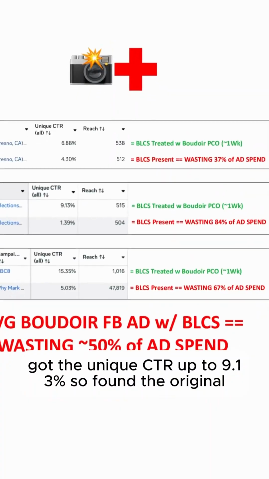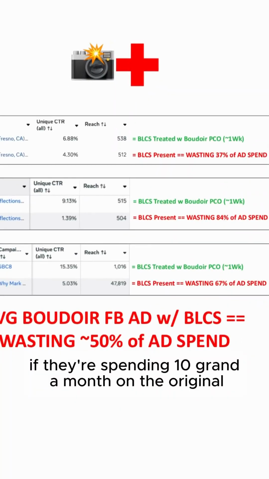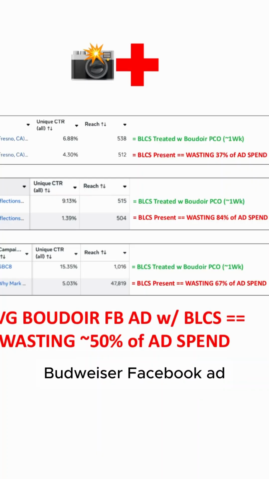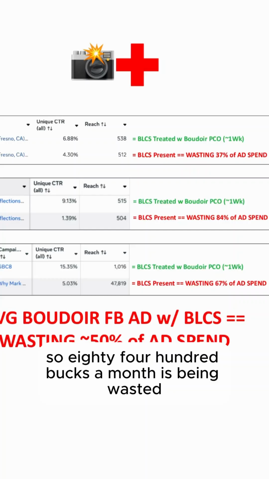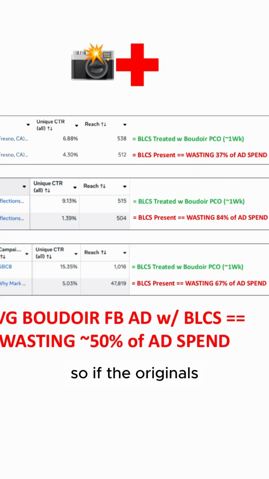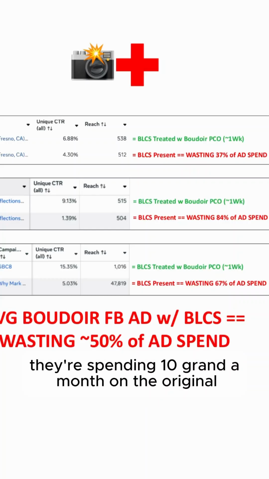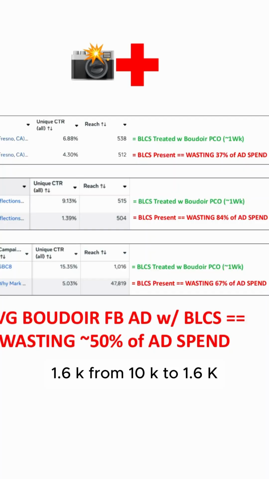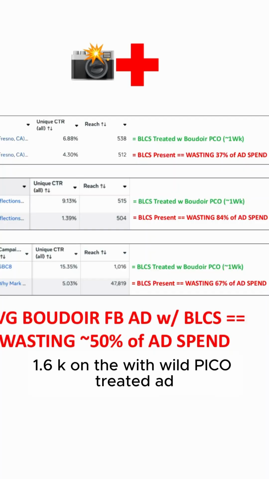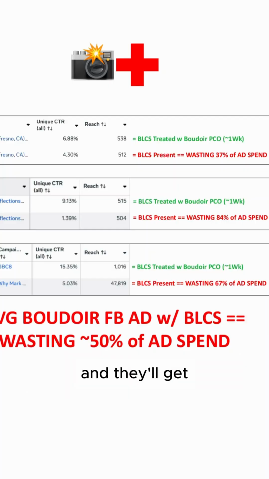If they're spending 10 grand a month on the original boudoir Facebook ad, it was wasting literally 84 percent. So 8,400 bucks a month was being wasted. They now only have to spend 1.6K, from 10K to 1.6K, on the boudoir PICO treated ad, and they'll get that into the same number of women's brains in both scenarios.